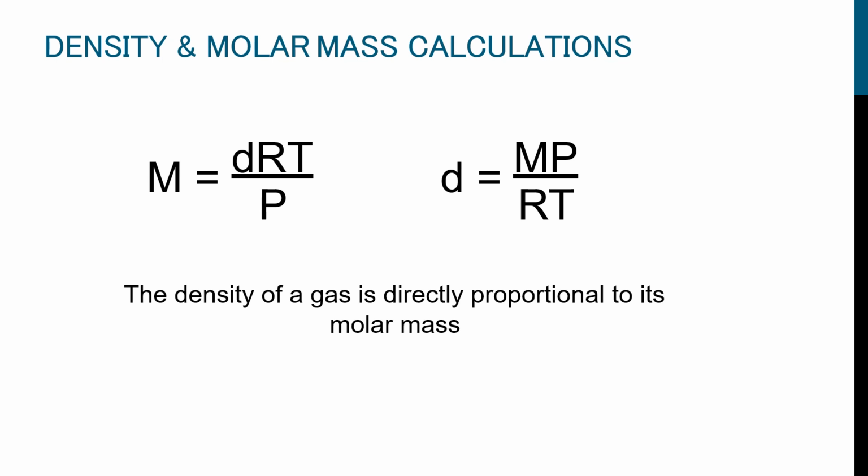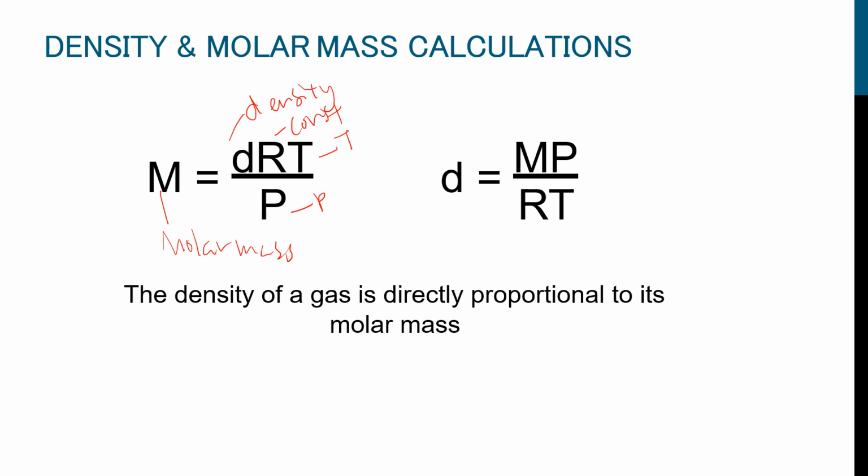This shows the equation for density: M equals dRT over P. M is the molar mass, d is the density, R is the gas constant, T is temperature, and P is pressure.